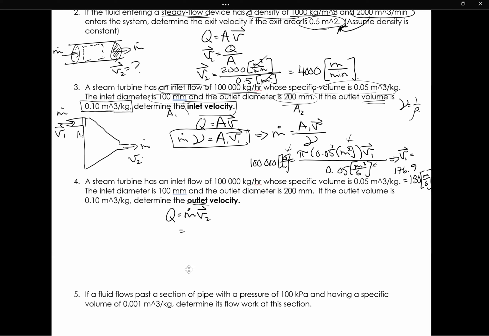And I know m dot and I know, let me see, outlet volume, here we go. Meters cubed per kilogram. Kilograms cross out, meters cubed per hour, I get.